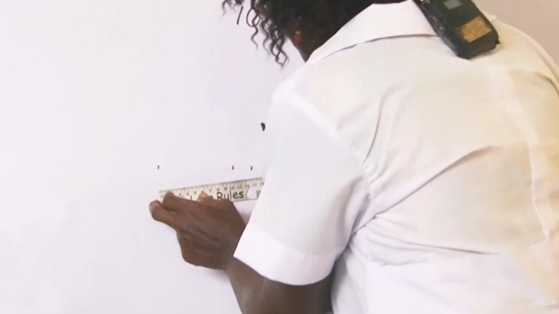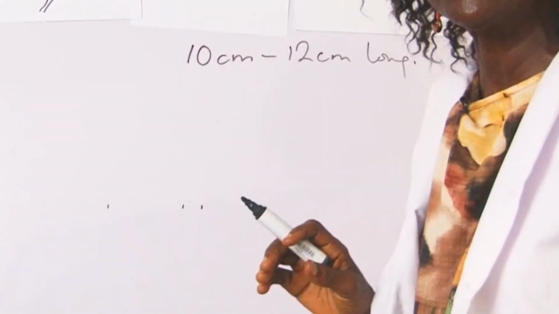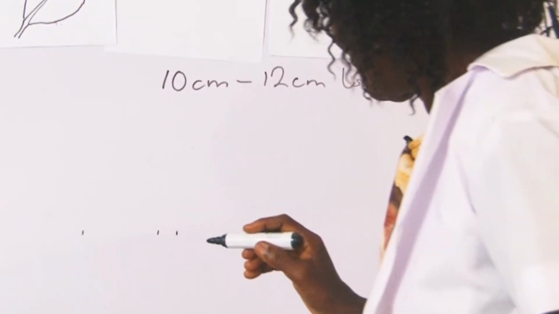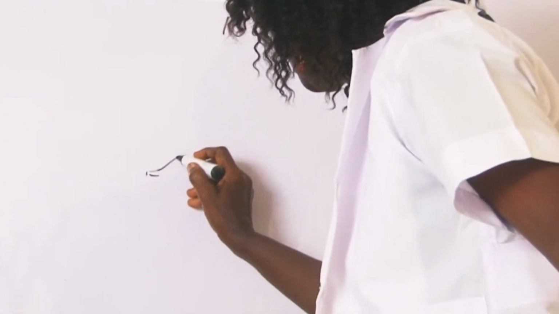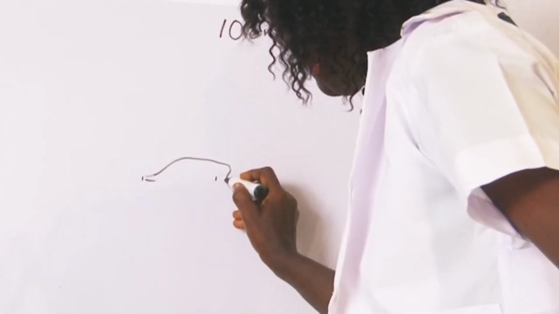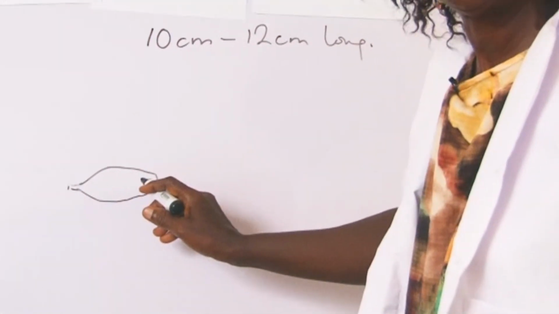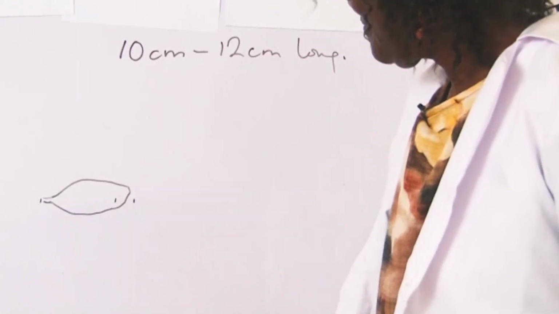You mark small with pencil, because you erase it later. So the leaf you've drawn should fit into the space between 10 and 12 centimeters.